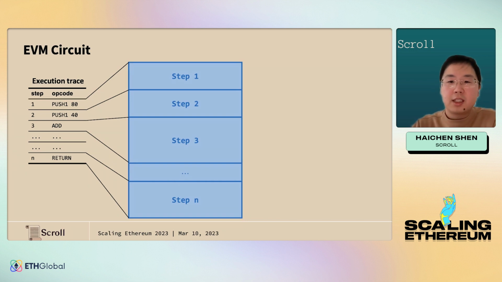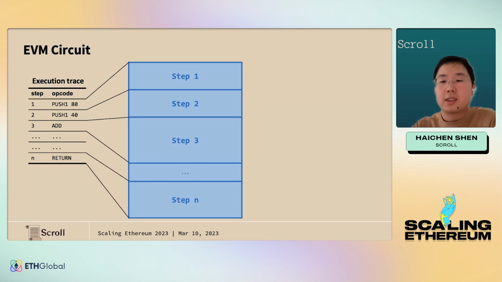The EVM circuit is basically a state machine that mimics the state machine inside the Ethereum Virtual Machine. So you are also mapping all of the steps inside your execution trace into your circuit, which, as in the blue table, looks like a two-dimensional matrix, and each step will map to a slot inside the circuit as well.